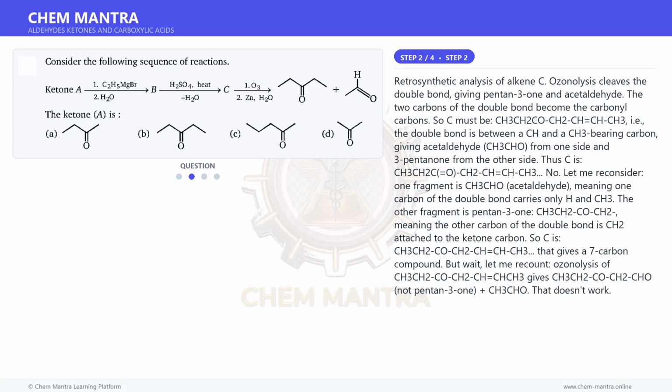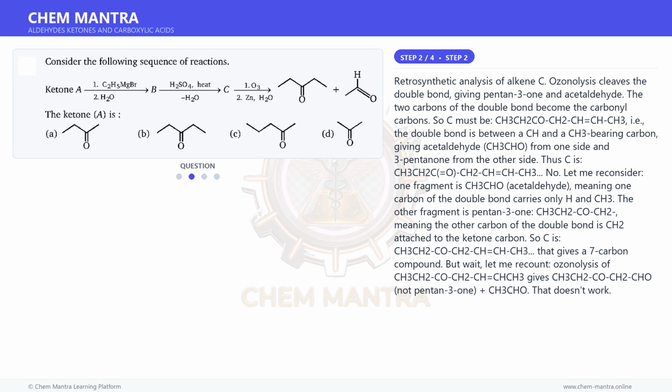Moving on to the next step. Retrosynthetic analysis of alkene C: ozonolysis cleaves the double bond, giving pentan-3-one and acetaldehyde. The two carbons of the double bond become the carbonyl carbons.